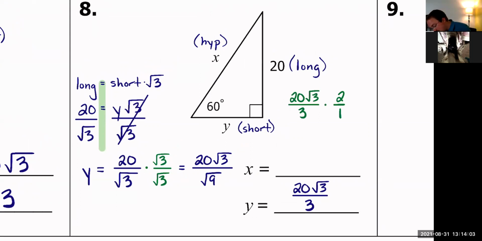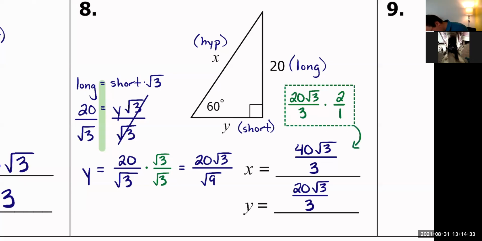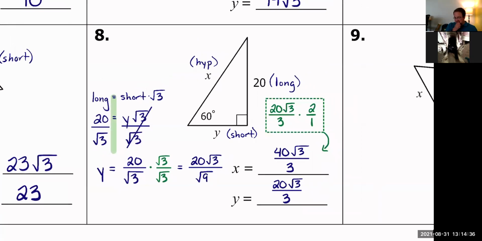So 20 square roots of 3 times 2 gives me 40 square roots of 3 over 3. So not the prettiest thing to work out, but very, very precise.